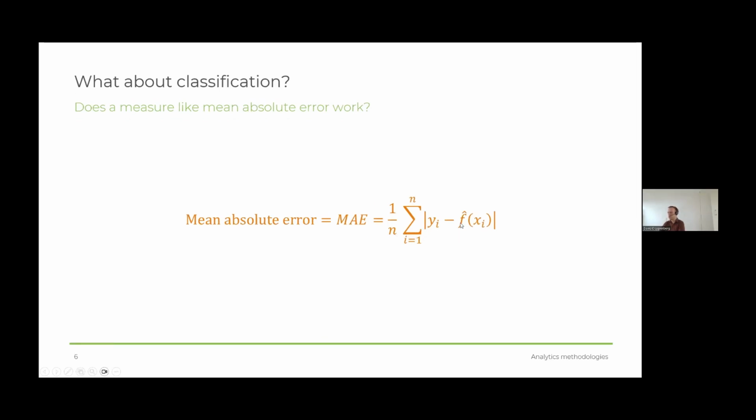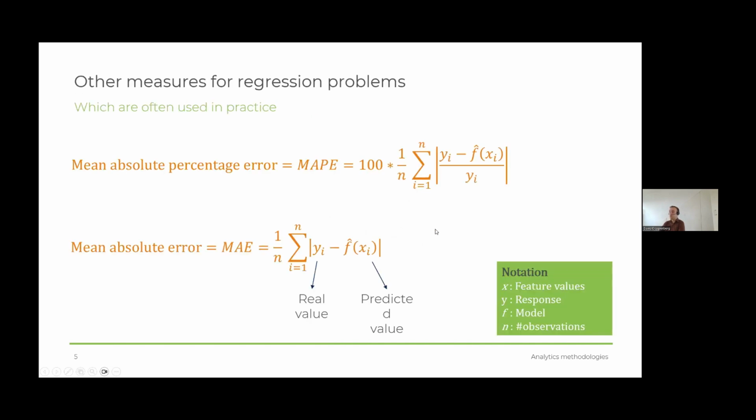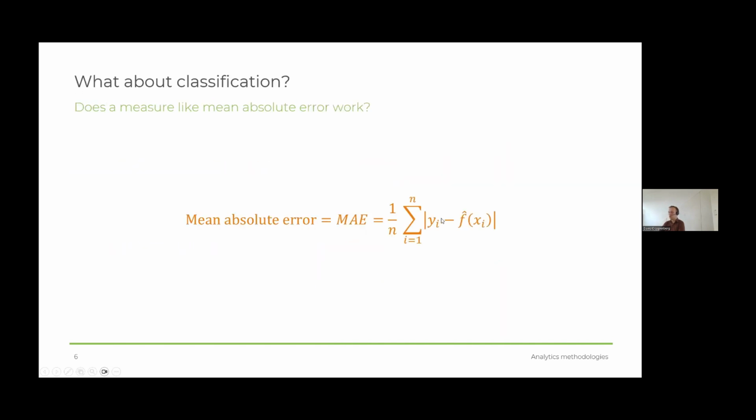So you would get a percentage of correctly classified instances or observations, which would work. But there are actually better ways to do this for classification.